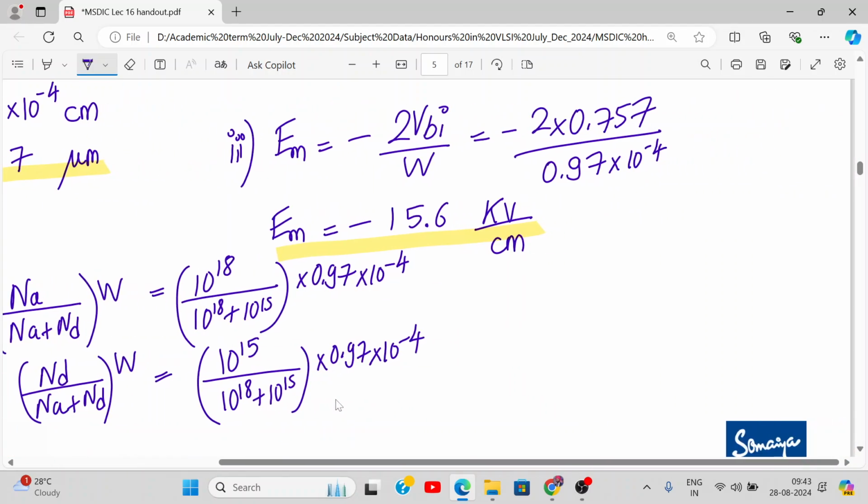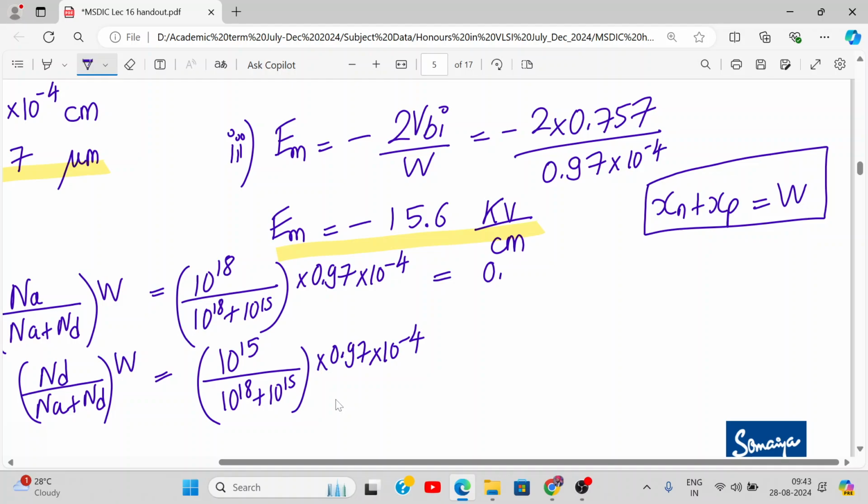Ultimately XN plus XP will be W only. Alright? So this is 0.96 micro, and this will be 0.01, right? Why I said 0.01?